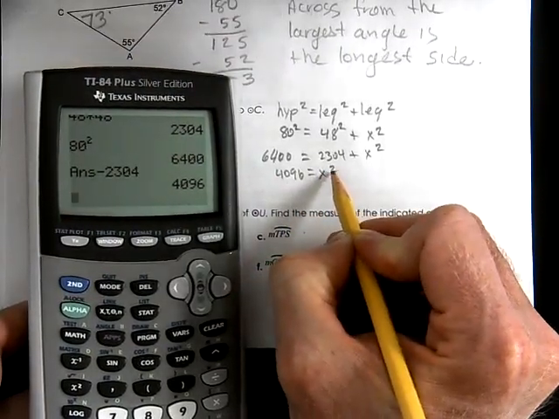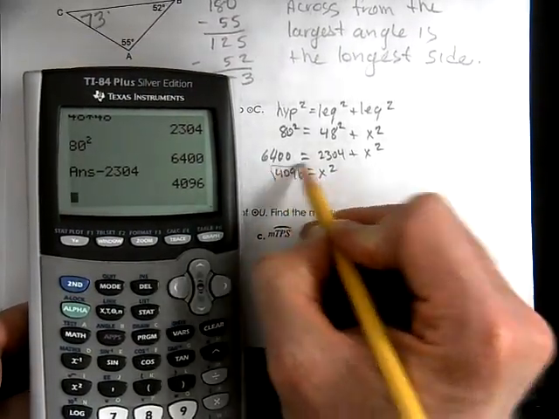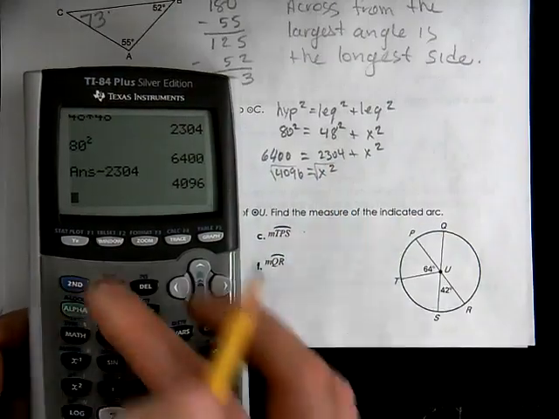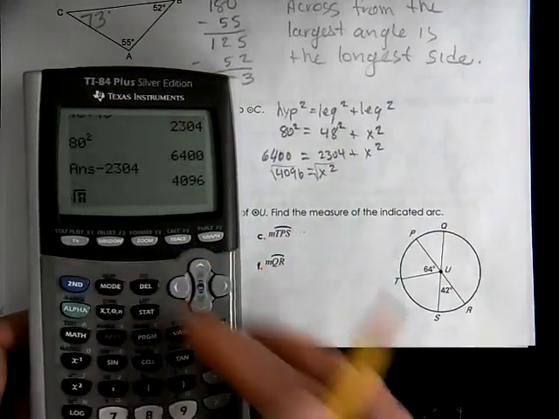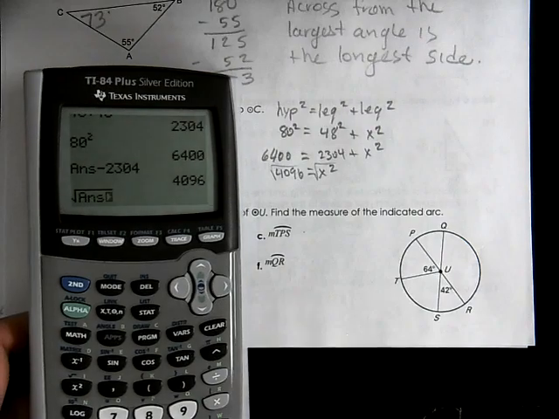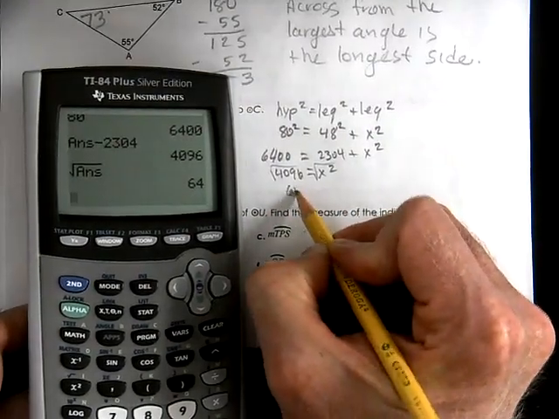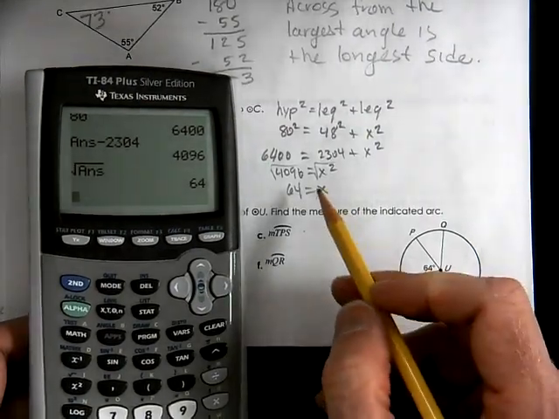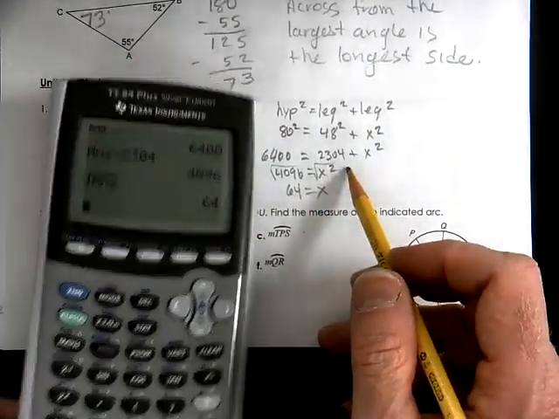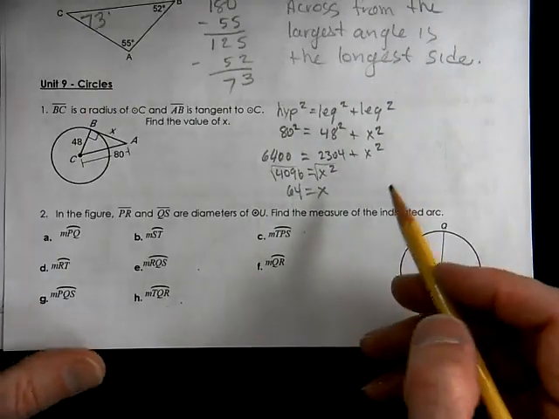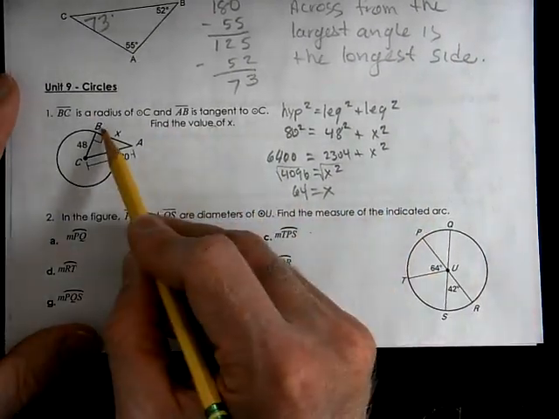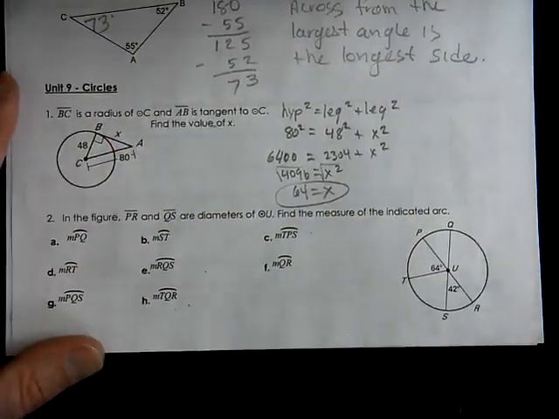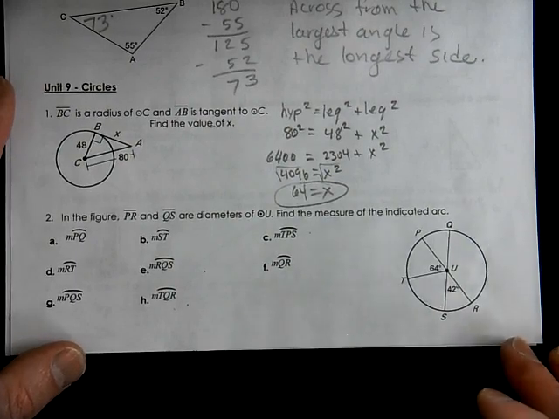And now we need to get the square out of there, so we have to take the square root of 4096. And that gives us an x value. Now mathematically we would be plus or minus, but because this is geometry and a length, it's going to be a positive value. So the length of x, which is our tangent, is positive 64.